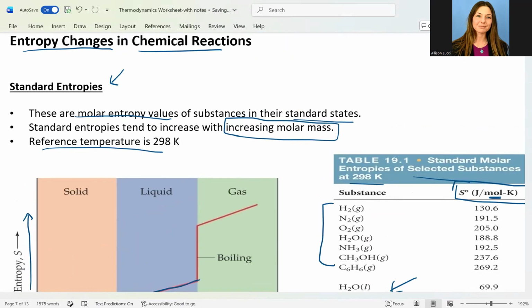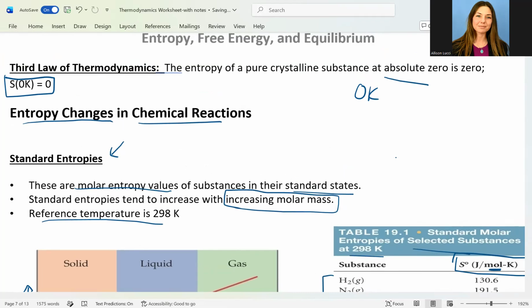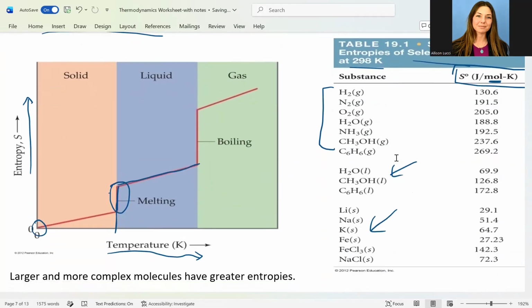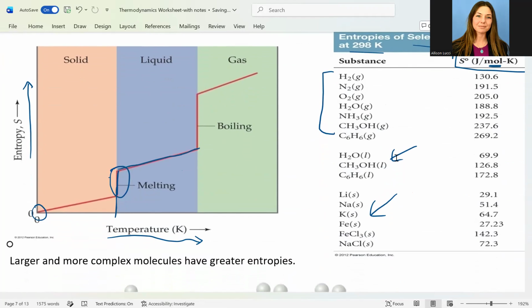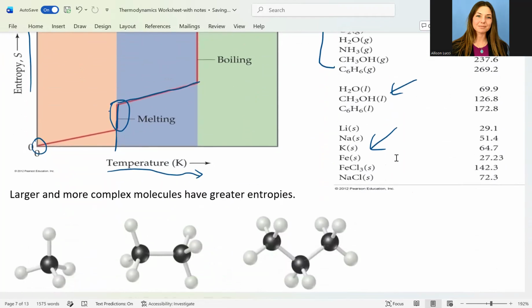We should also note that due to that equation up here, we will always have a positive entropy value. It can never be zero or less than zero, because these are measured at values above 0 Kelvin, and therefore we will always have some entropy.